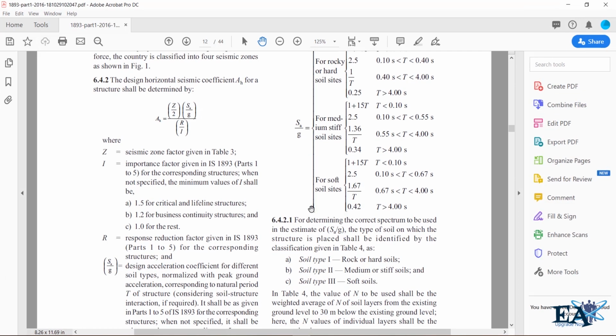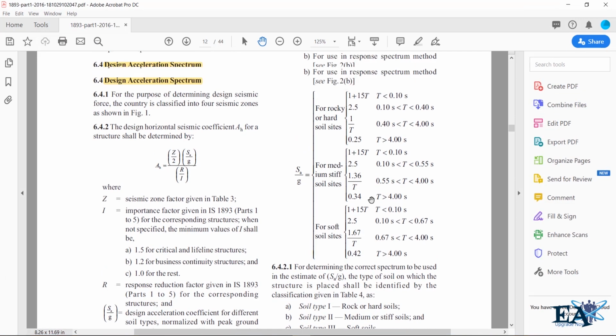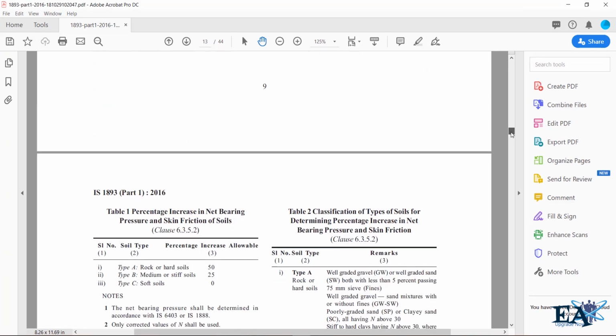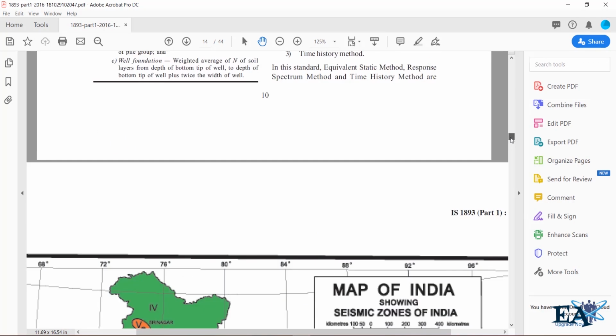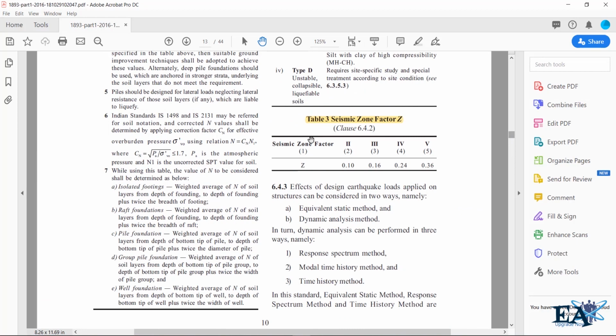So let's talk about the zone factor first. Zone factor, that is Z. If we see the code, if you see table 3 of the code, you can see the zone factor.